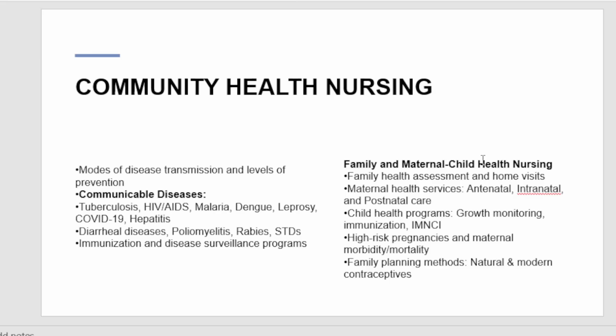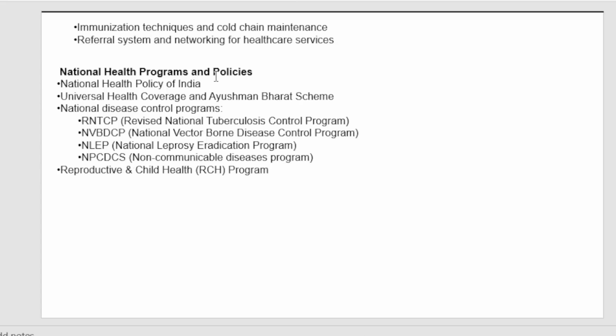And next topic is family and maternal child health nursing. In that they will mainly focus on the antenatal, intranatal, postnatal care, and most important is immunization schedule and high risk pregnancy, maternal mortality, morbidity rates, family planning methods, natural and modern contraceptives, immunization techniques, cold chain maintenance, referral system, and the national health programs and policies, universal health coverage and Ayushman Bharat scheme, national disease control programs, that is RNTCP and NVBDCP, National Vector Borne Disease Control Program, National Leprosy Eradication Program, Non-Communicable Disease Programs, and Reproductive and Child Health Care Programs.